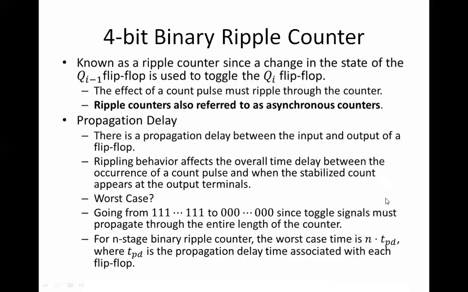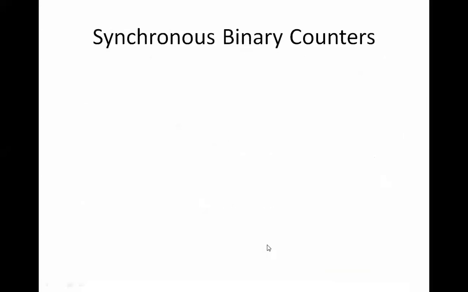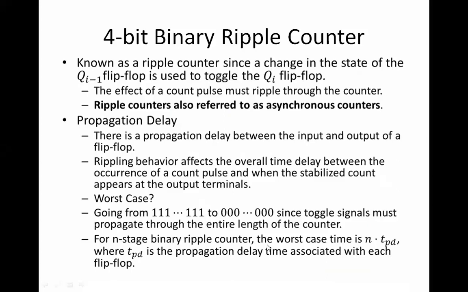Fine. So whatever was told so far, I have put it in the form of explanation. So you can try and understand as to what these are referring to. So quickly we will just look into the important ones. This is also known as a ripple counter, since the change in the state of the Qi minus 1 flip-flop is used to toggle the Qi flip-flop.